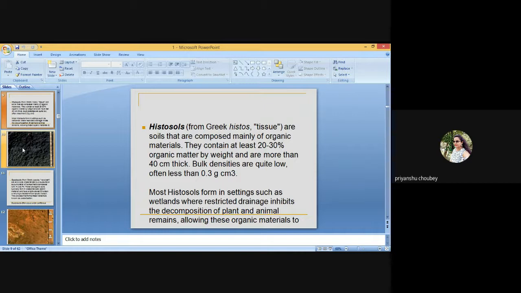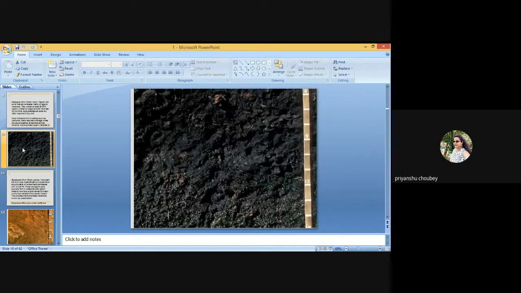They contain at least 20 to 30% organic matter by weight and are more than 40 centimeters thick, but bulk densities are quite low, often less than 0.3 gram per cubic centimeter. Most histosols form in settings such as wetlands where restricted drainage inhibits the decomposition of plant and animal remains, allowing these organic materials to accumulate. This is a histosol picture.